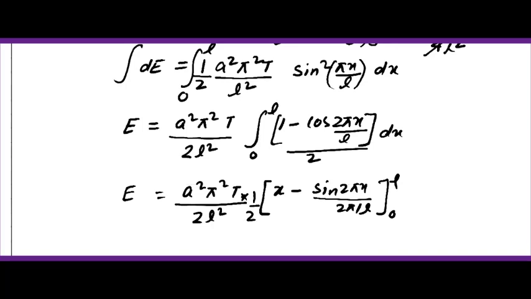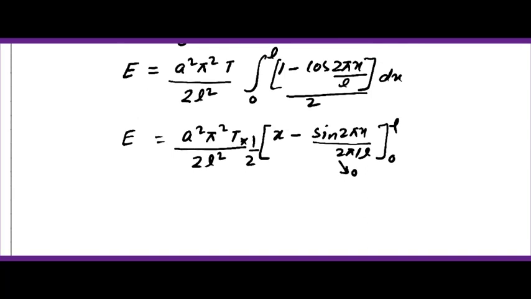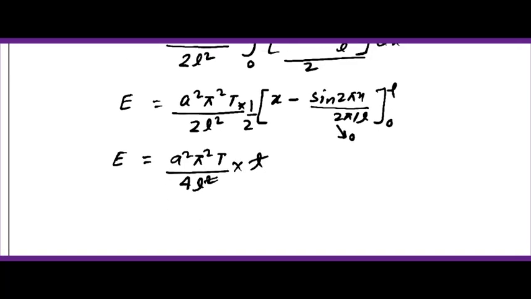So when you put this limit, it will be L minus 0, that is L, and sine 2 pi L, here x is L, 2 pi L, and it will be 0. So the value of this will be 0. So you will get E is equal to a square pi square T by 4L square into L. Now this L and that L cancel.